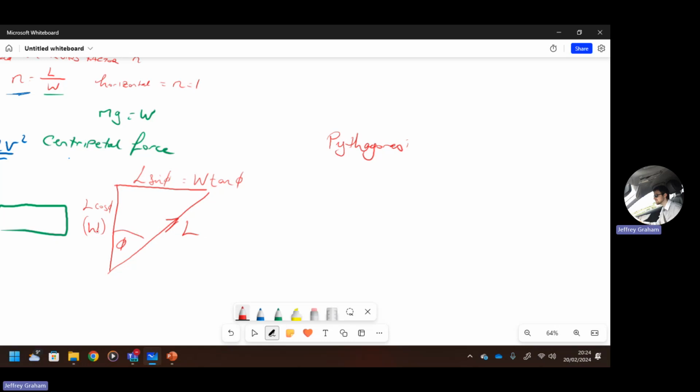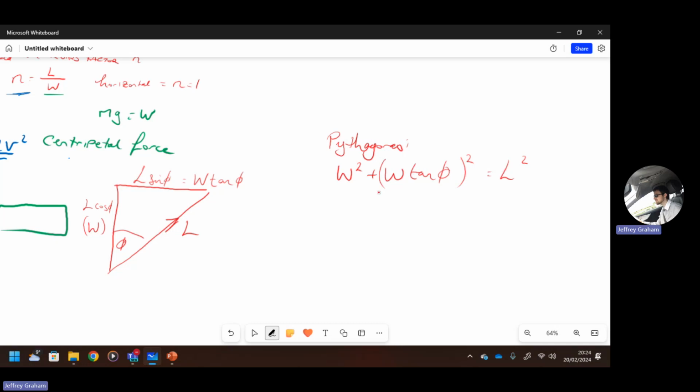So in terms of our terms, we've got a squared being the weight, weight times tan squared, will equal the lift all squared.